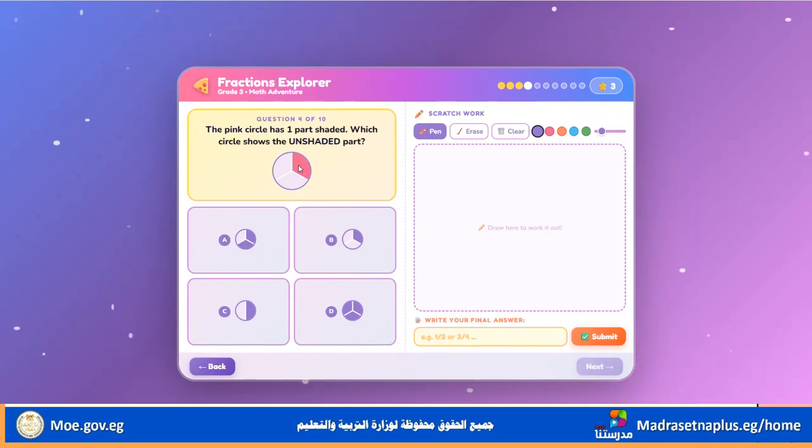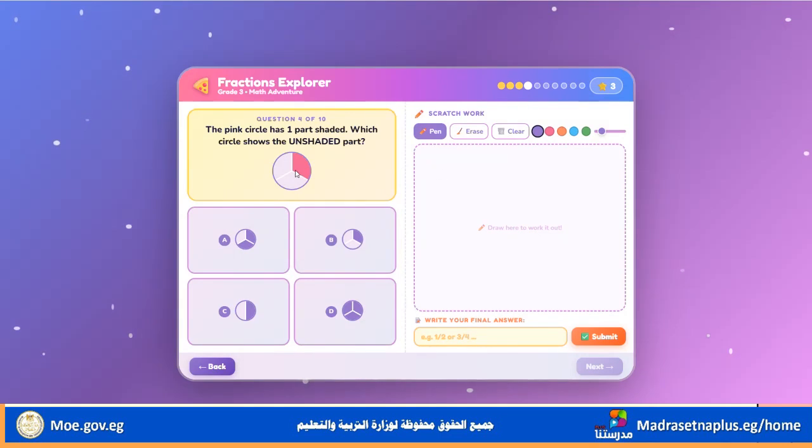The pink circle that we have has one part shaded. Which circle shows the unshaded part? We have one part. So let's choose. Okay, which one? Just try. Read the question carefully. This is the unshaded part.